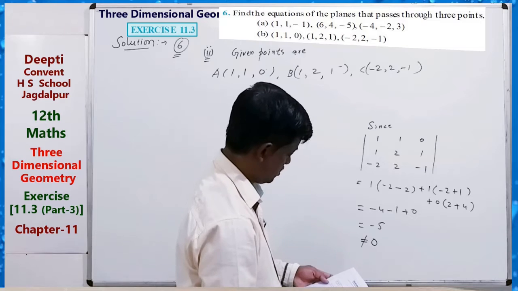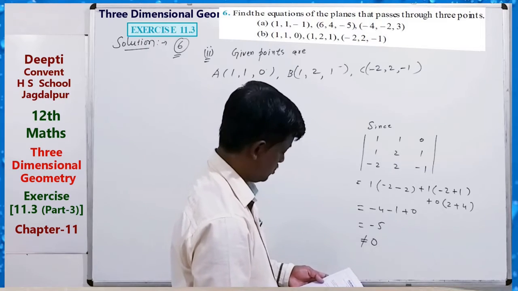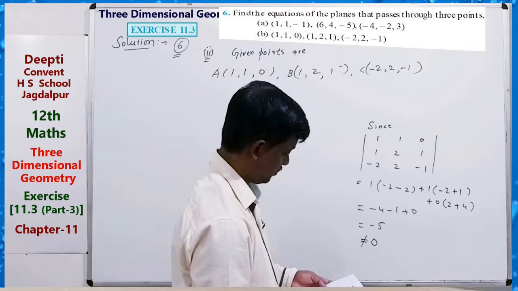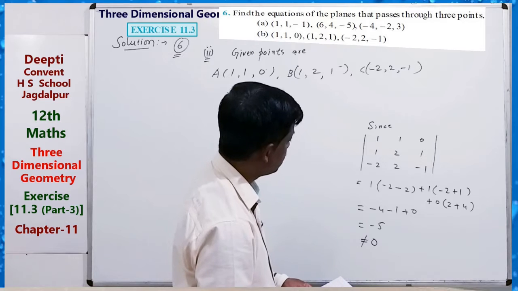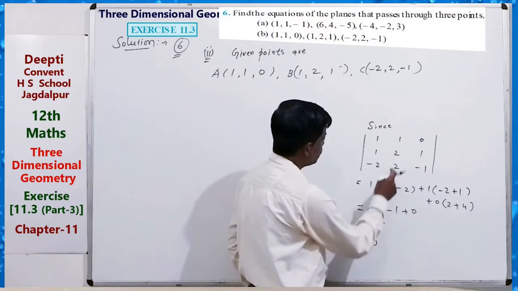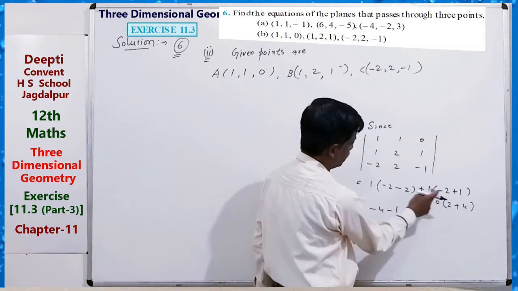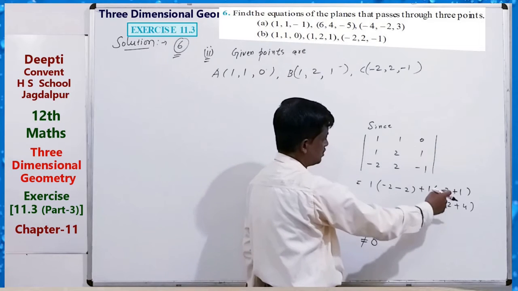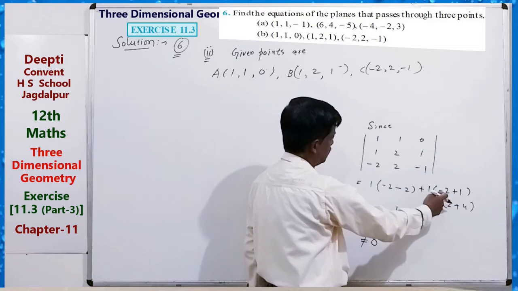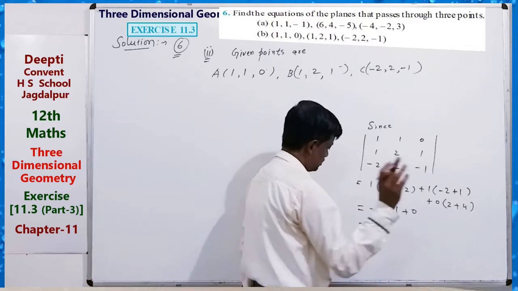The points are 1, 1, 0; 1, 2, 1; minus 2, 2, minus 1, and the determinant is not equal to 0.